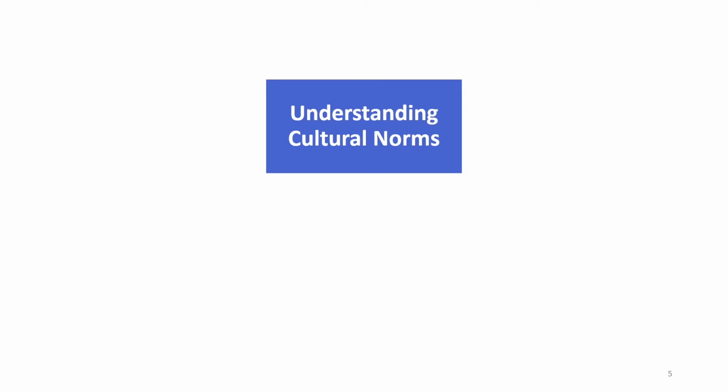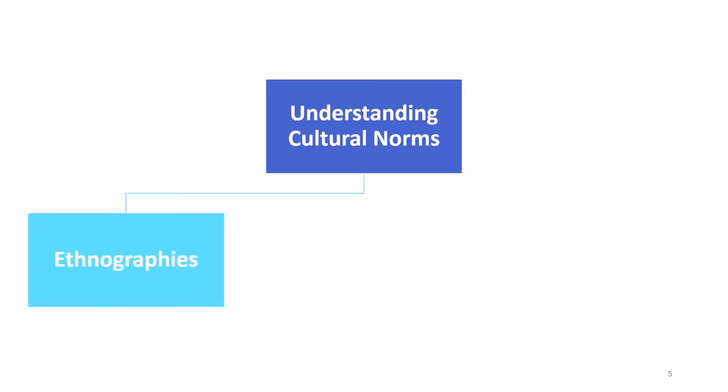First, recommendation number 1, read some ethnographies. These are kind of cultural deep dives into a specific context that tell you a rich and detailed description about that culture and possibly different norms or beliefs or values. So, first off, go read something, right? Go read something about that culture.